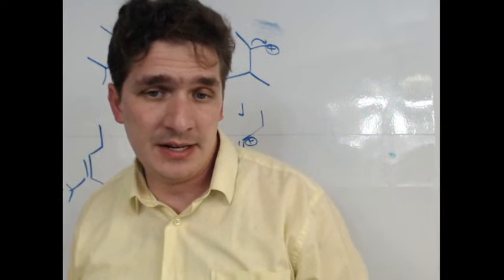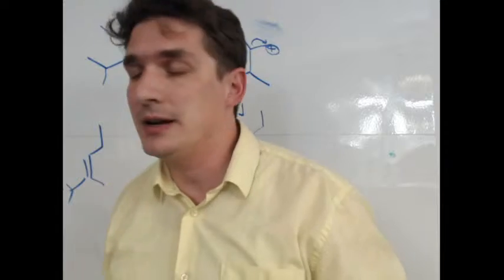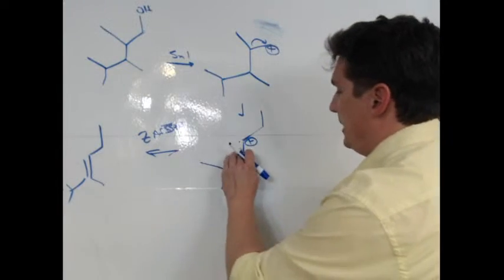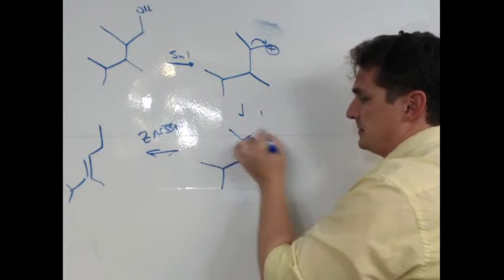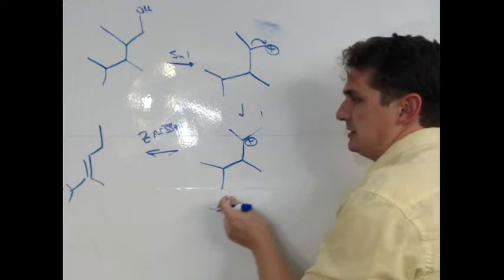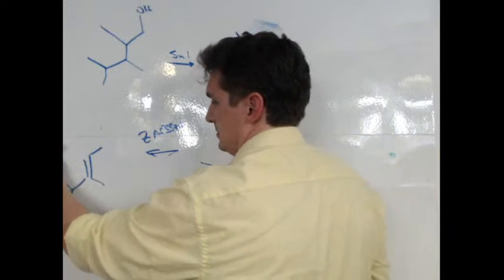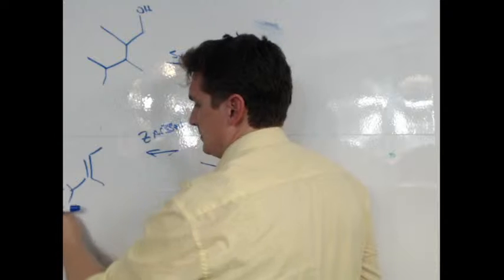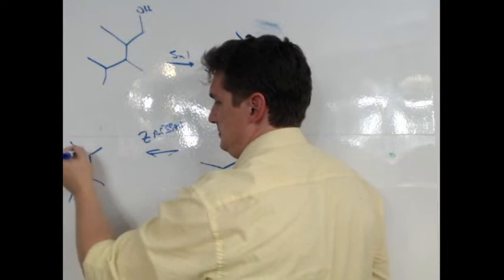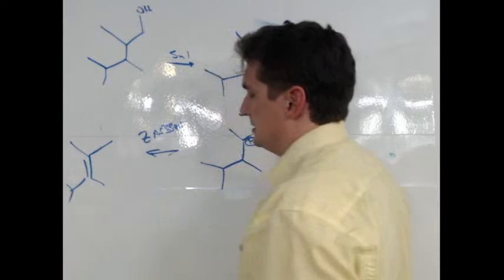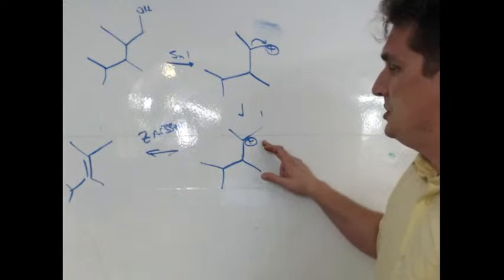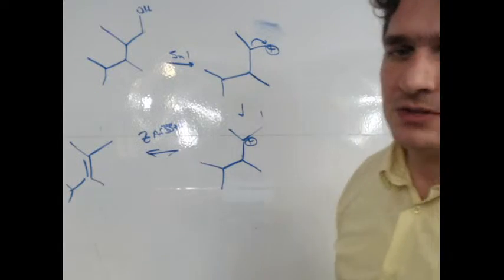And so my guess is that actually with this key, that answer is incorrect. Most likely what you have is this carbocation, and then you're going to get elimination to this product. Because that will give you a tertiary carbon, but doing the methyl shift only gives you a secondary carbon.